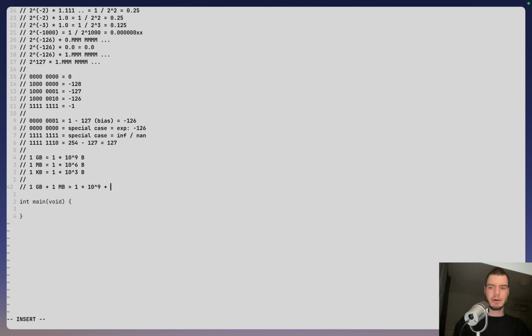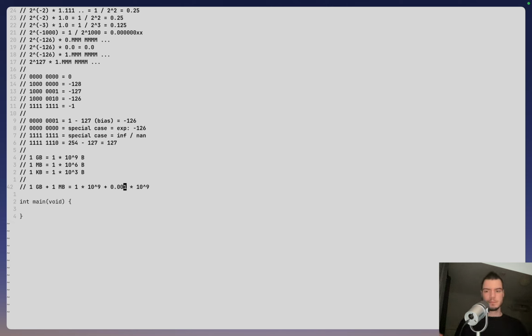We multiply our exponent factor, the 10 to the power of 6, by 10 to the power of 3, giving us 10 to the power of 9. So we have something times 10 to the power of 9, and that something is just 1 divided by 10 to the power of 3, which is, well, the same as 10 to the power of minus 3. Sorry. No, actually, it is 3. And that is just 0.001.